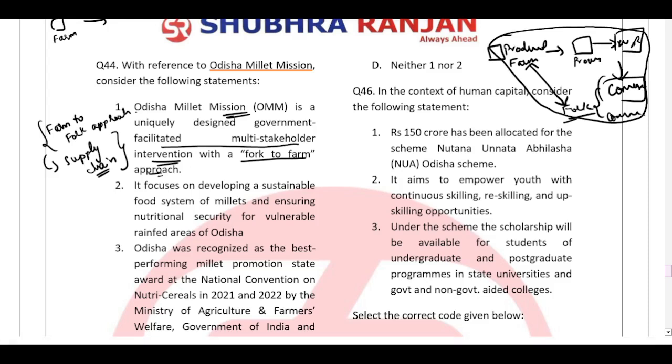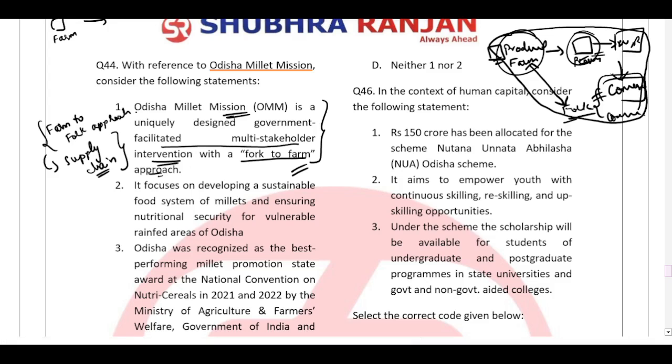So now in the Odisha Millet Mission, the government is trying to improve all the stages: at the farm level, at the value addition level, and by educating the consumer about the nutritional benefits of Odisha's millets. From the farm, where we are giving benefits to the farmers for cultivation of millets, to processing and value addition, there they are giving to the manufacturers, and ultimately educating the consumers about the nutritional values and benefits of millets.